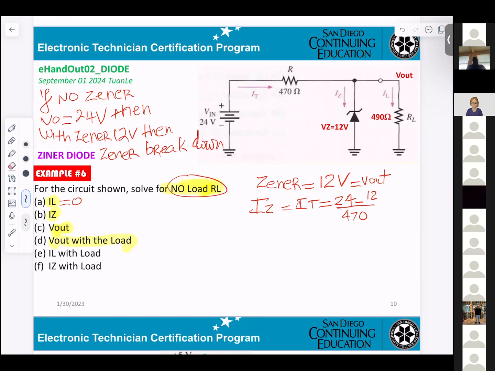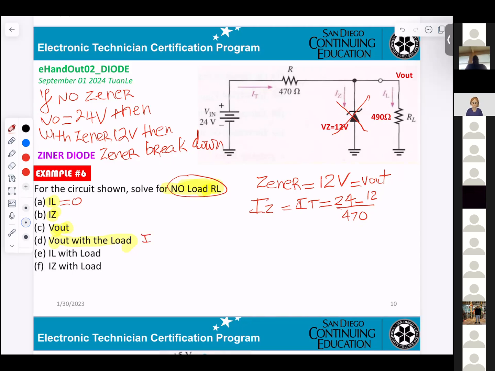In order to see if the Zener is in breakdown or not, first thing, remove that. No Zener first. Okay? What do we get out?